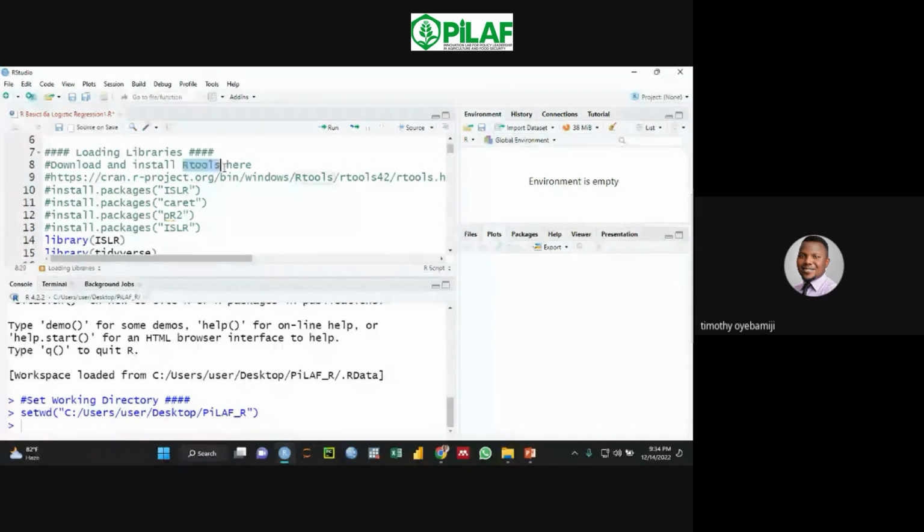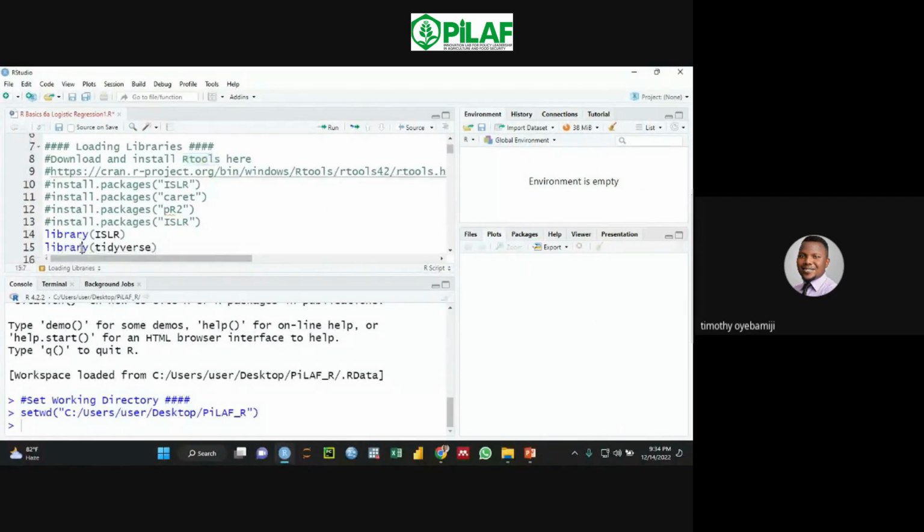It's good to have Rtools installed on your system while using R, because some packages would not work if you don't use Rtools. Usually Rtools is used to build R packages, and some of these libraries work with Rtools, so to prevent a lot of stress, that is why I put this link here for you to download and install, maybe after the class.